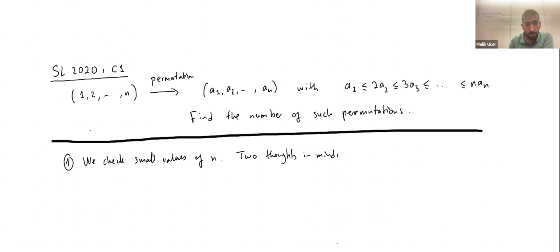One is the number of permutations, the answer, as a sequence in n. Do we see a pattern?